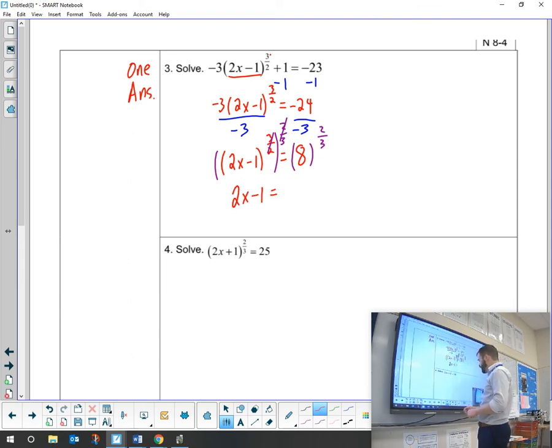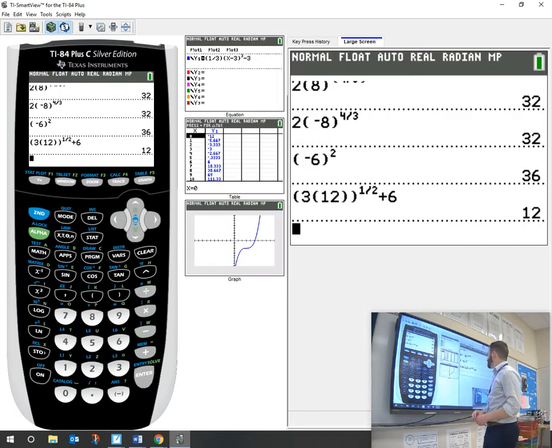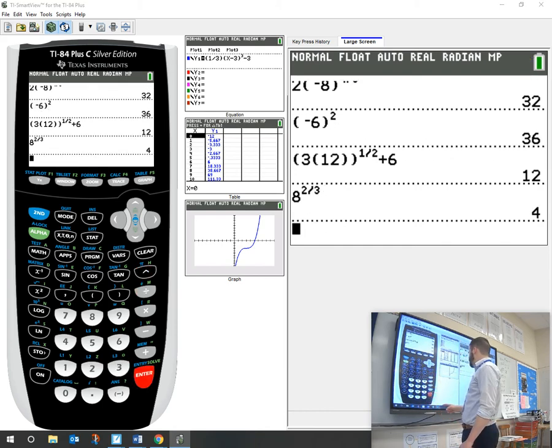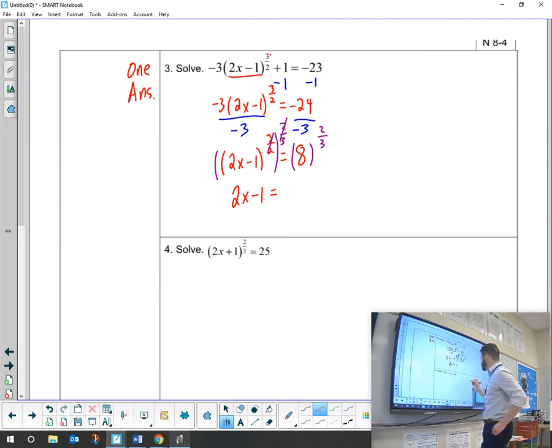Now, I'm going to pull up my calculator, and we're going to figure out what that is. 8 to the 2/3. And that's going to be 4. So we're going to have 2x minus 1 equals 4. Now I can just add 1 to both sides, get 2x equals 5, and then divide both sides by 2.